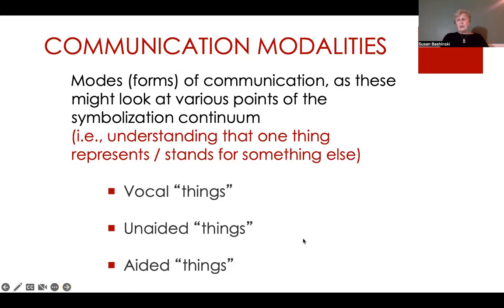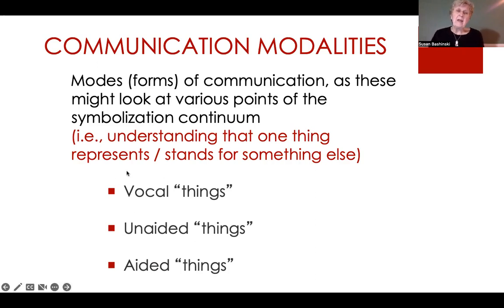The last thing we'll say generally about symbolic ability is we can talk about forms of communication or modes of communication as these look at the non-symbolic, transitional, concrete symbolic, and abstract symbolic points. Again, it's understanding that one thing stands for something else. One thing represents something else.